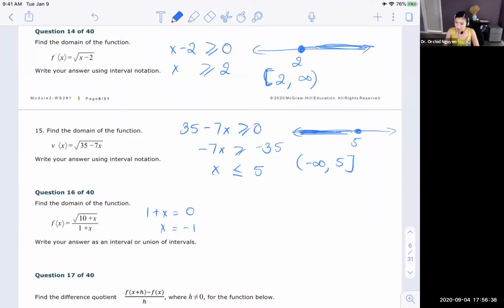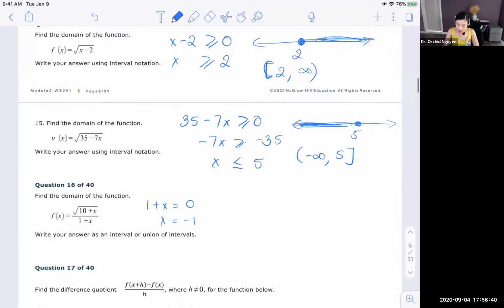You can see that we do not want negative 1 on the bottom, and on top we have the radical, so we are not allowed to have a negative number on top. So this is one bad point.